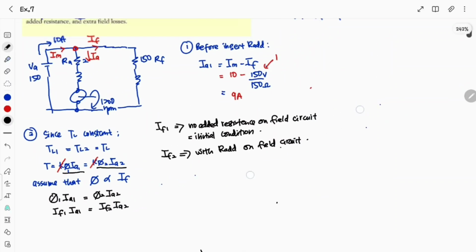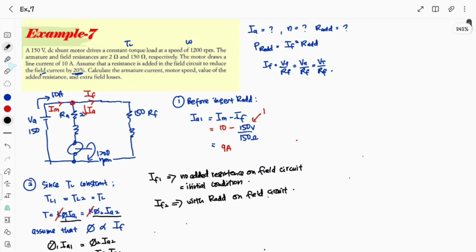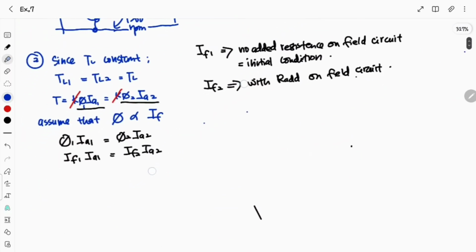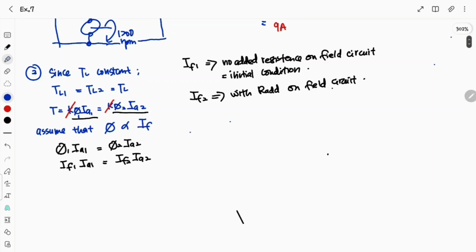Now back to the question, because the question said to assume that a resistance is added in the field circuit. What is the effect? It will reduce the field current by 20%. So when we add the resistance, we have a new IF2. What is this new IF2?